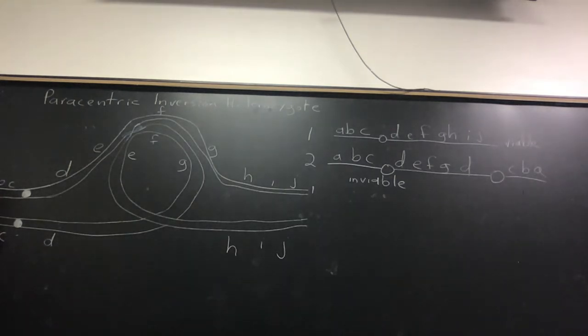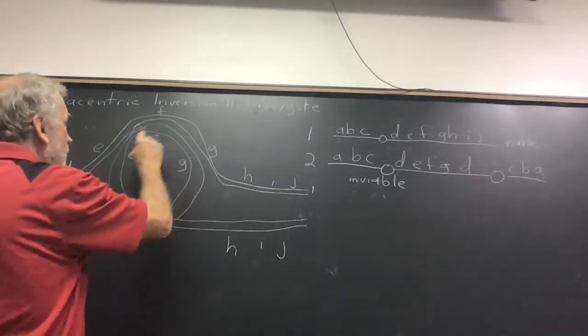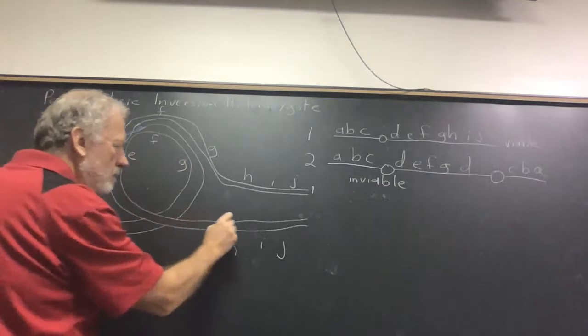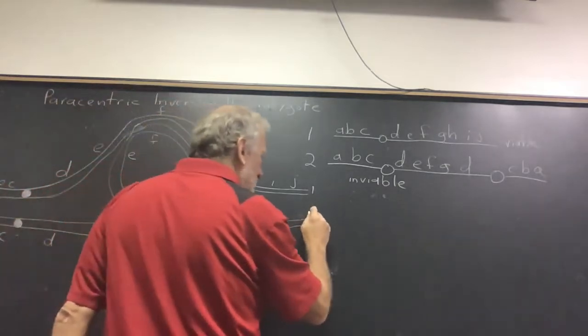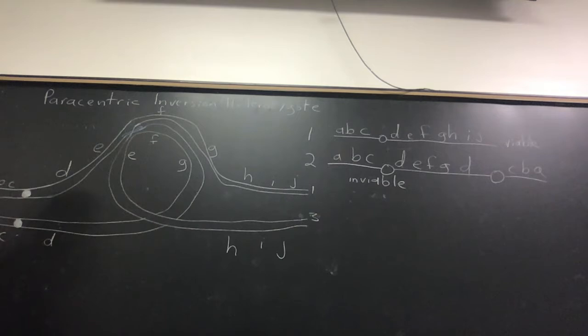So we start here, genes A, B, C, centromere D, G, F, E, come around H, I, J, and we end up at the same level on the other side.